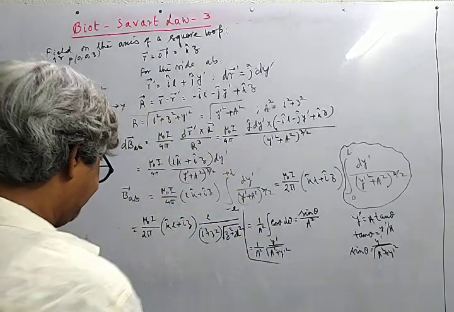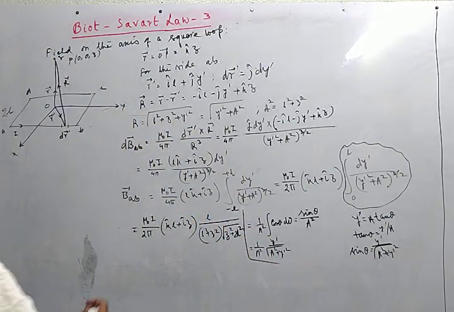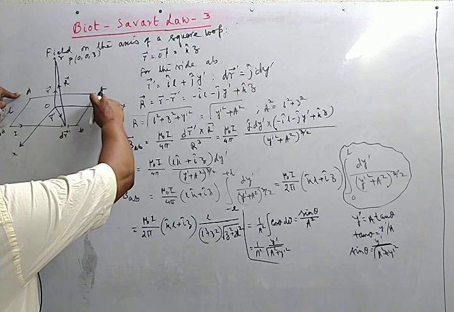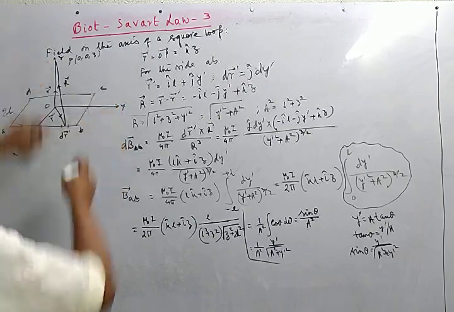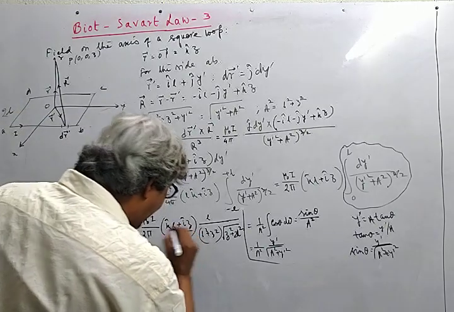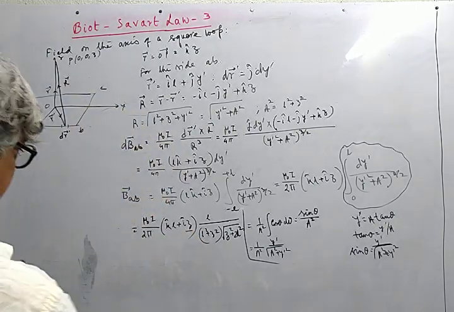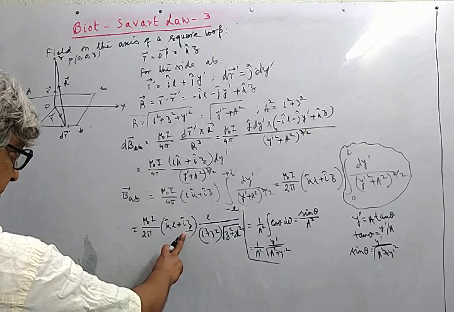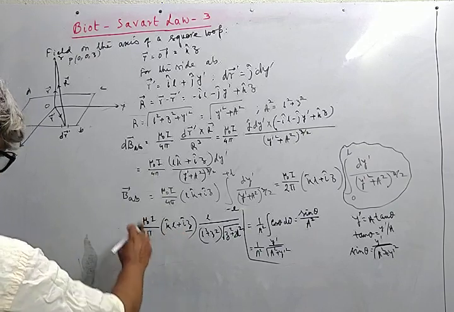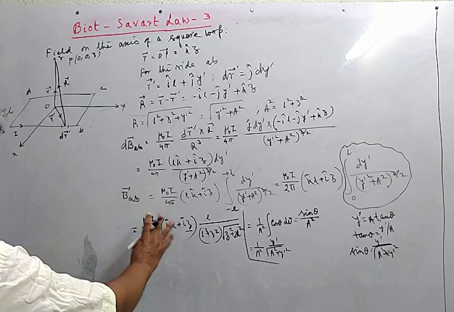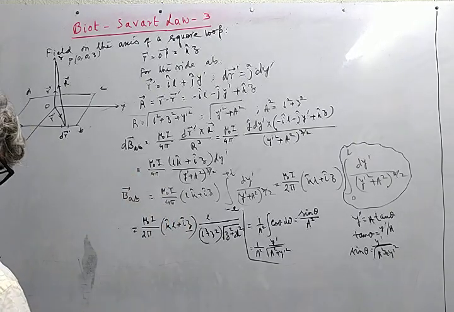This is the field. If we consider the side CD, the contribution to the field arising from the side CD, this part will be negative. So this term will go, and when added, this k component will be multiplied by 2.